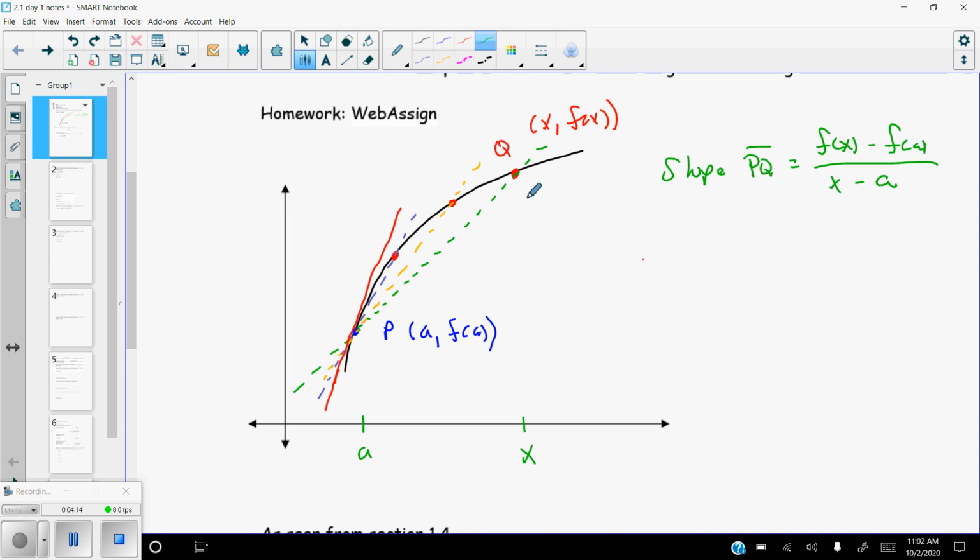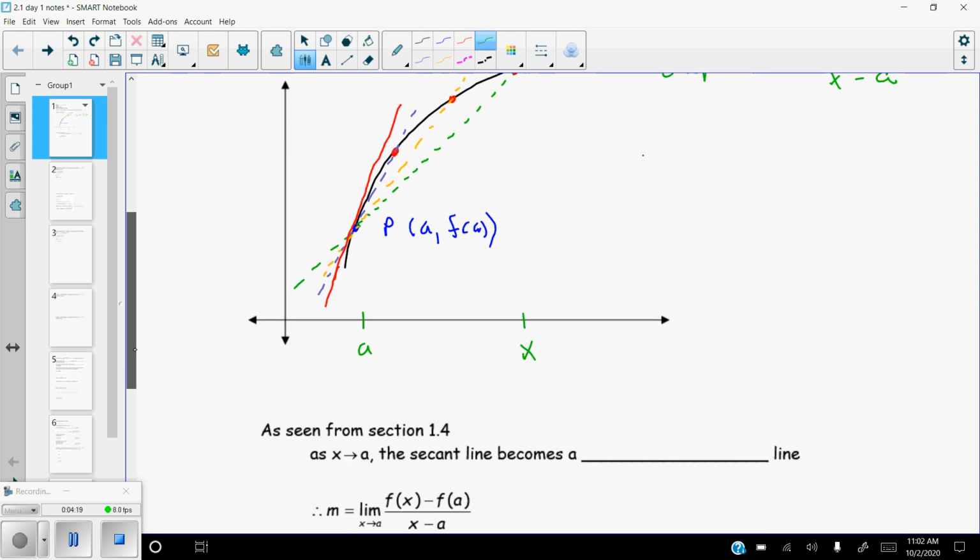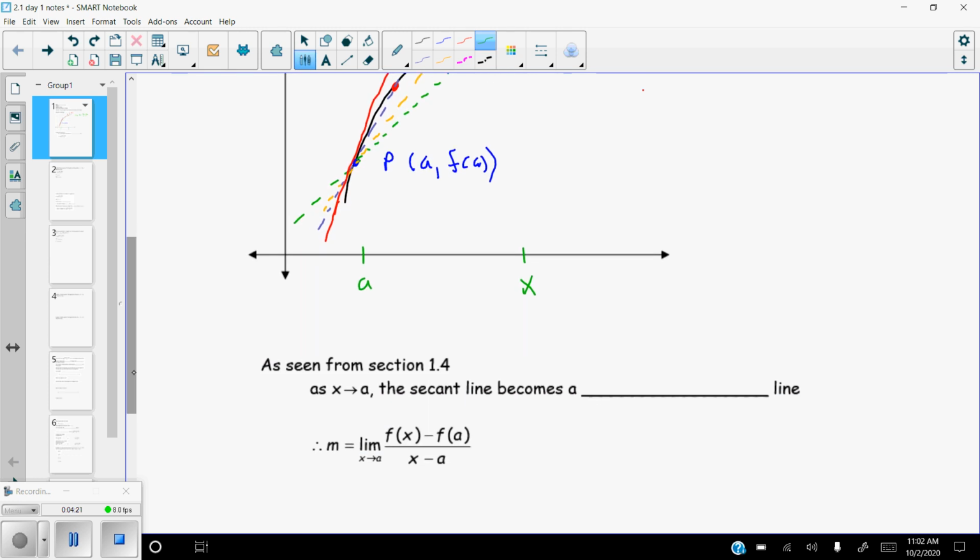So as I take Q and move it closer and closer to P, what I am doing is letting this x value get closer and closer and closer to A. So as x approaches A, the secant line is going to become a tangent line.